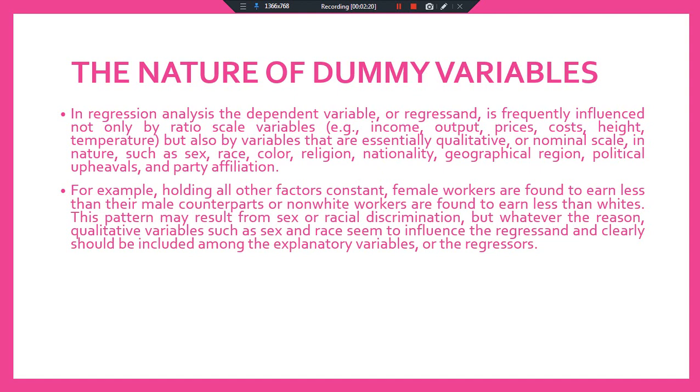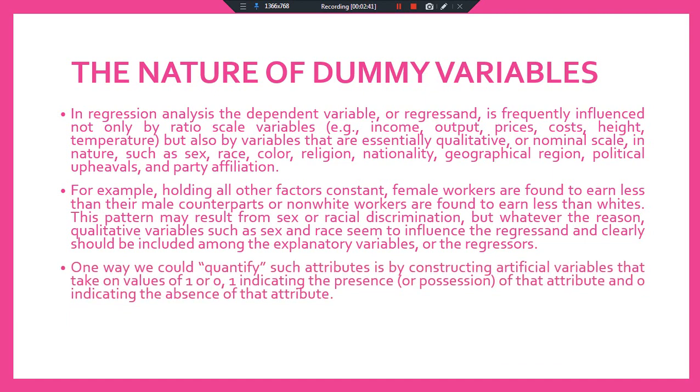This pattern may result from sex or racial discrimination, but whatever the reason, qualitative variables such as sex and race seem to influence the dependent variable, and clearly should be included among the explanatory variables or the regressors. The way we can quantify such attributes is by constructing artificial variables that take on values like 0 and 1, where 1 indicates the presence of an attribute and 0 indicates the absence of that attribute.